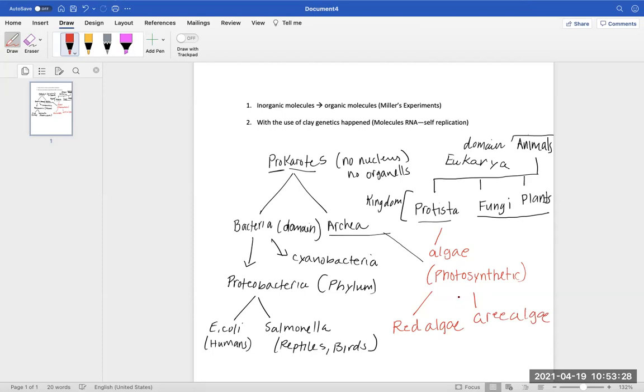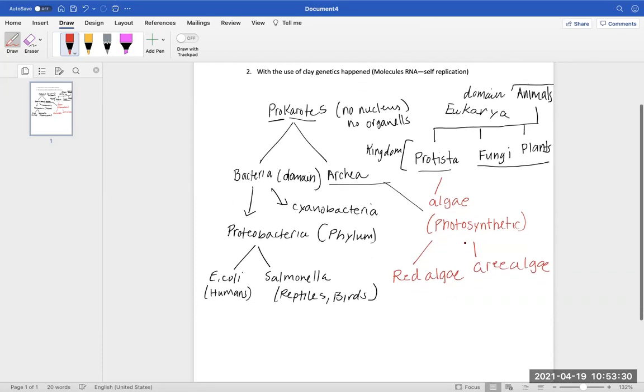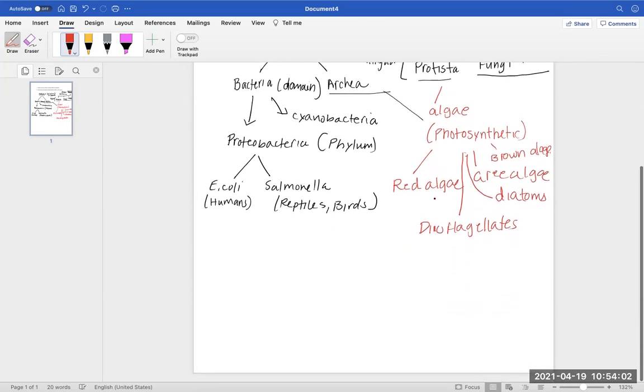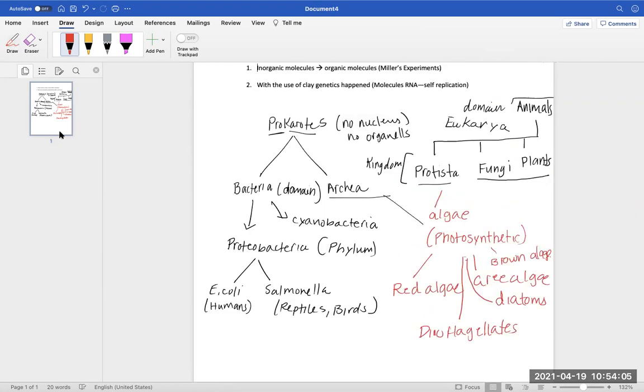I don't have enough space, so I'm just gonna try to write down here. Another one we have is dinoflagellates. They have flagella. Another one we have is diatoms. And then one more is brown algae. So that's what comes under Protista. That's very diverse. So we're gonna go over all those. Wish I had more space. I should have started another page.